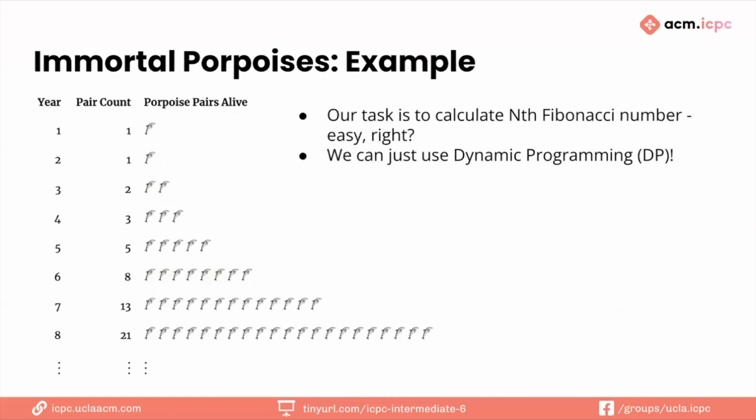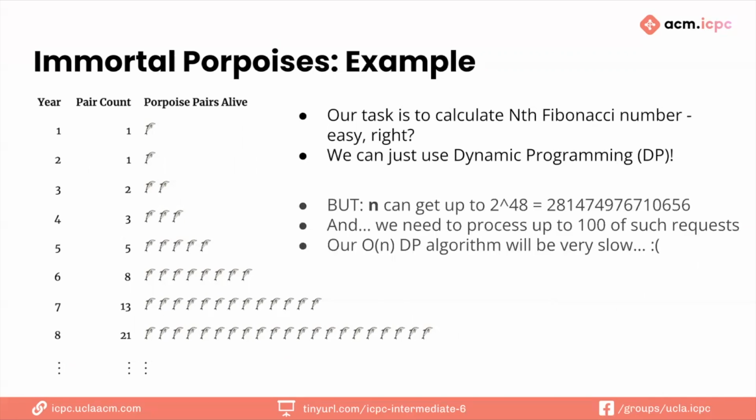And this sounds easy because we actually did that. If you were here a couple of weeks ago when we were covering dynamic programming, there is a simple solution to this problem using recursion and dynamic programming. However, there is one aspect of the problem that makes it very different from the original problem statement. The number n can get up to 2 to the power of 48, which is a terribly huge number.